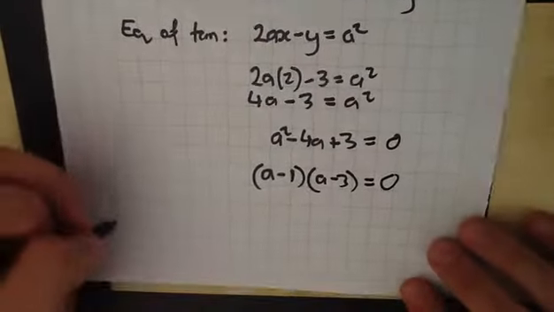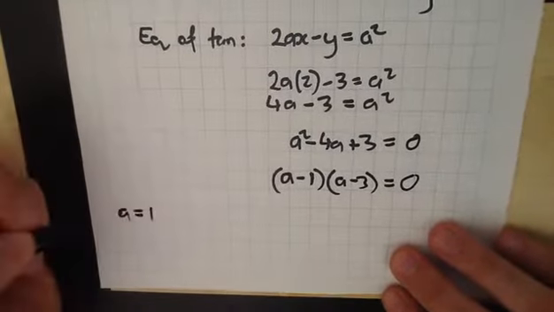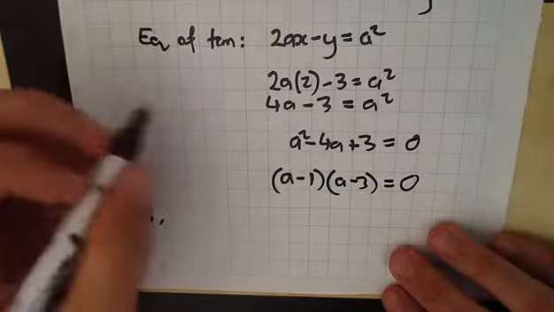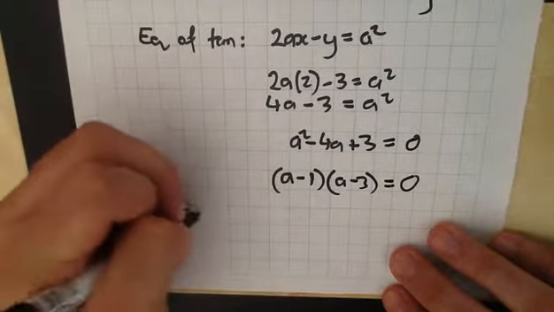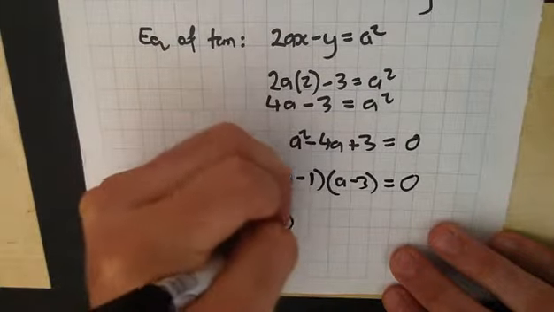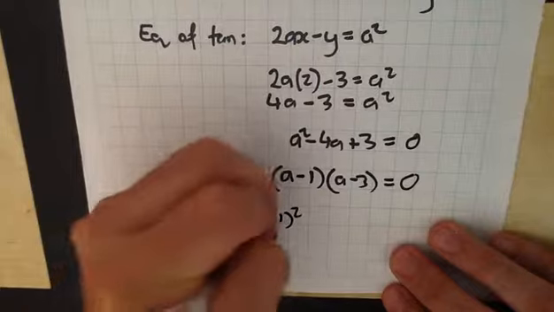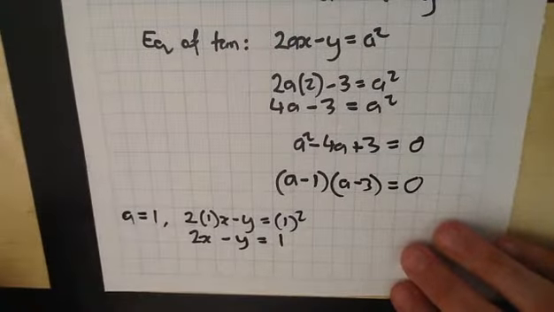So if a equals 1, the tangent equation would be 2 times 1 times x take y is equal to 1 squared. So that's going to be 2x take y is equal to 1. So when a is 1, the equation of the tangent is that.